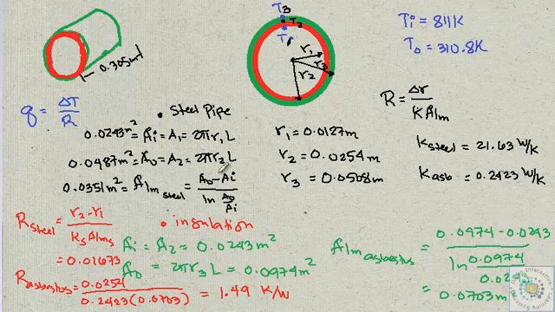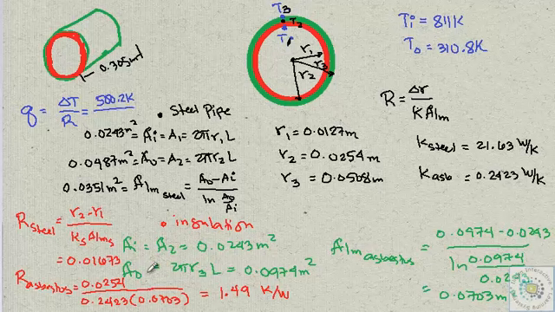We know delta T and we know R already. The inner temperature is 811, the outer is 310.8. That gives me 500.2 Kelvin.